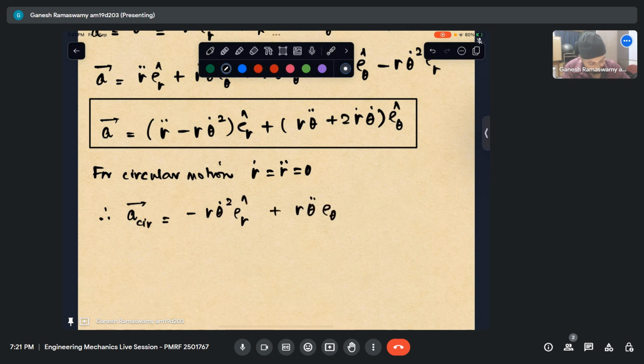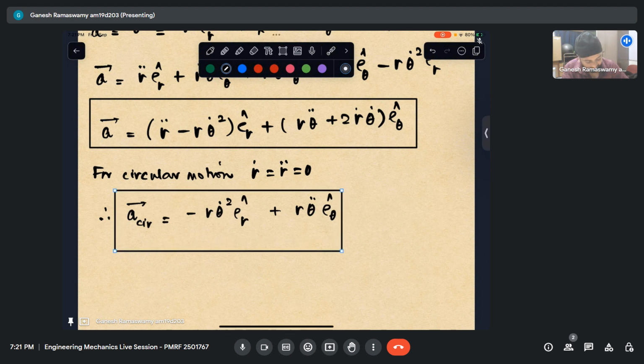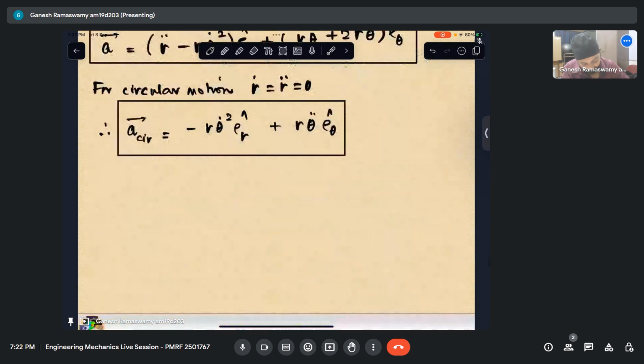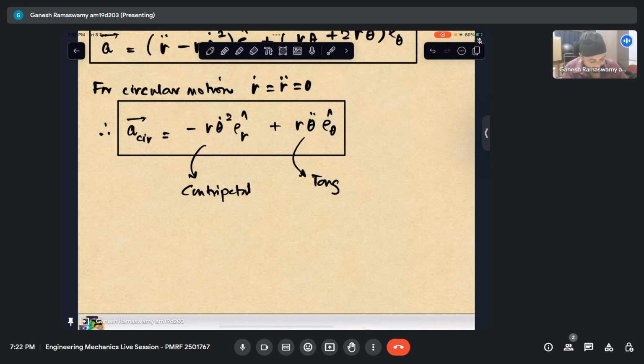And we know that this is nothing but our tangential component, where this is centripetal, this is tangential acceleration.